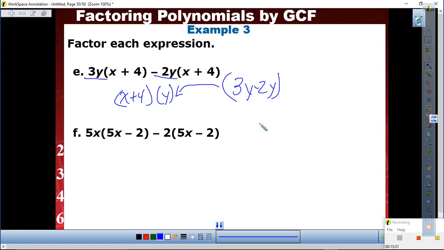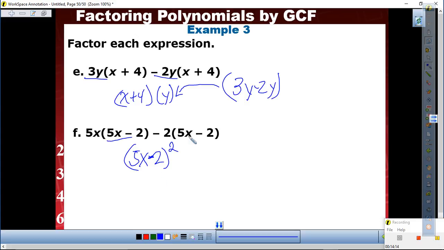F. Geo, what'd you get for F? 5x minus 2, 5x minus 2, squared.